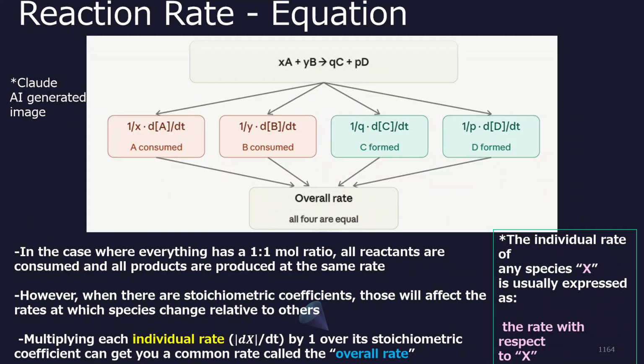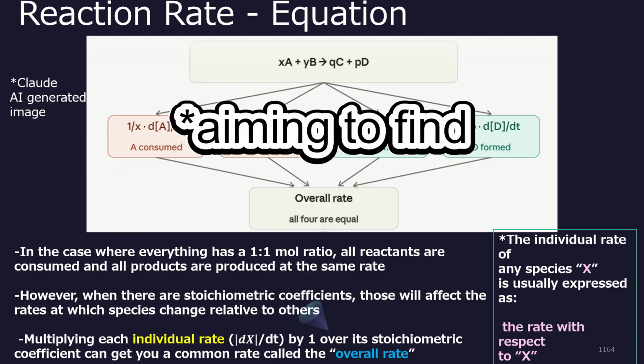It's really the overall rate that you want to find in the end to find out how fast things are going overall, instead of just looking at one particular species in your balanced chemical equation. There are cases where you would do that, but in most of the cases we're going to look at here in my slides, we're going to be looking at the overall reaction rate.